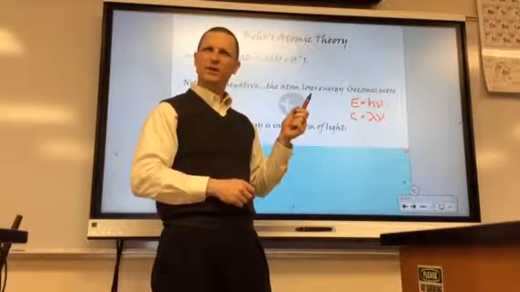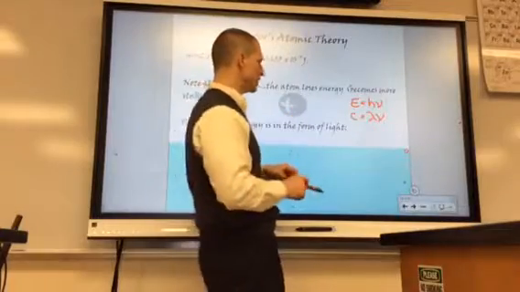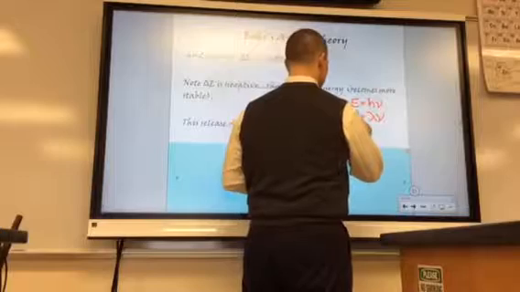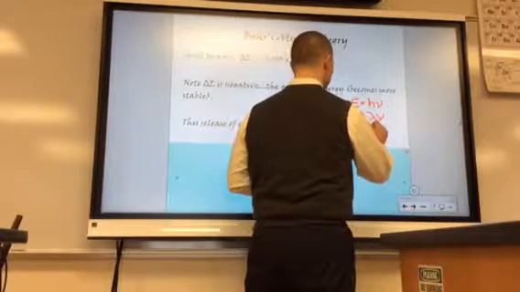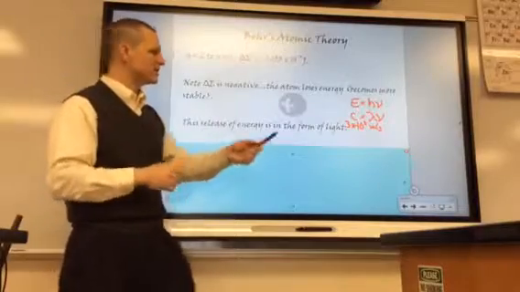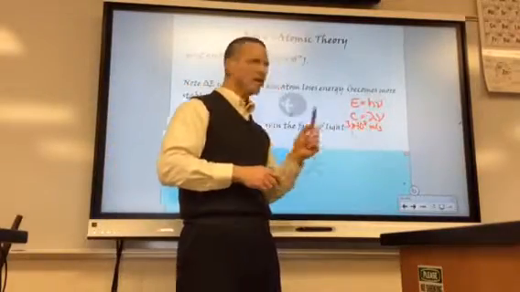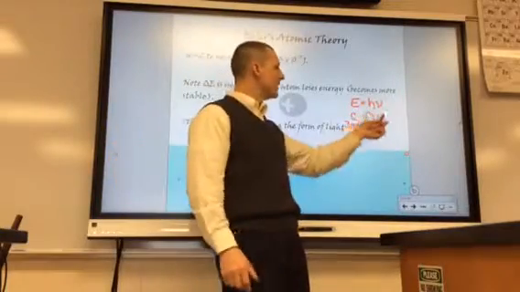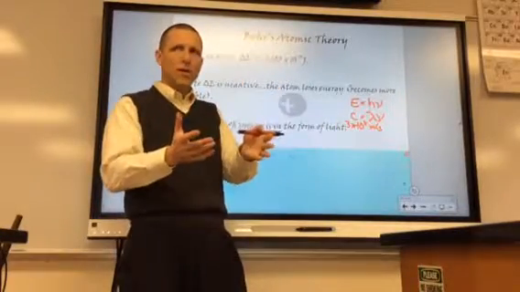Did you write that one down? I don't remember if we had that one in our talk yesterday or not. But we know c, we talked about c, the speed of light, 3 times 10 to the 8 meters per second. And we talked about the units of each of these things. Lambda, the wavelength, is measured in meters, how far one wave crest is from the next. And then the frequency is measured in the unit called what?